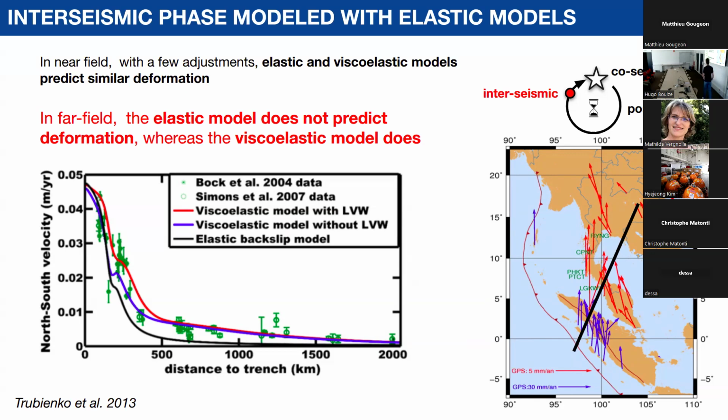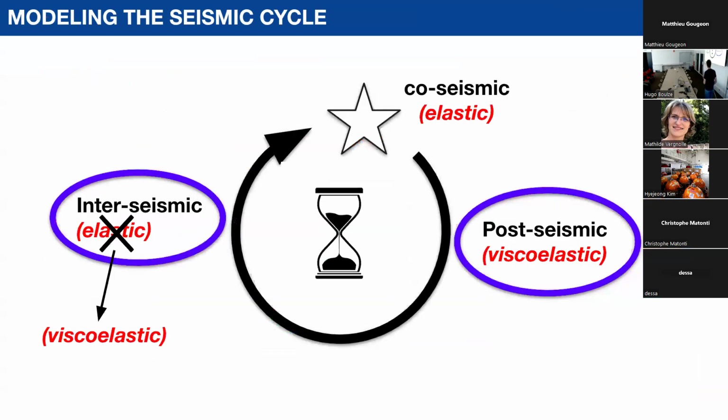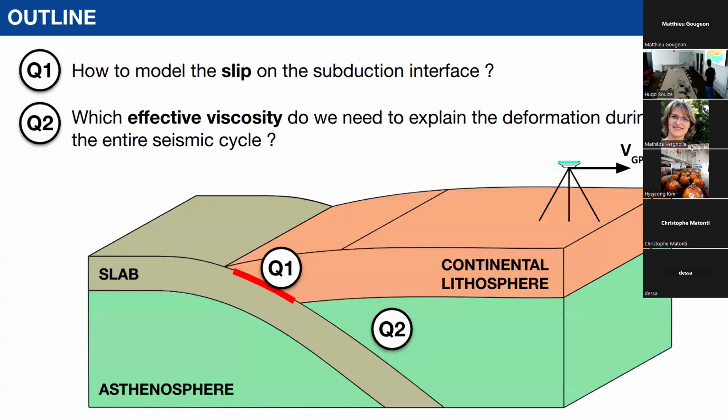So the goal of my presentation is to show you how we can model the inter-seismic phase using viscoelastic models, and I will also talk about the post-seismic motion. And we can summarize this presentation with these two questions.